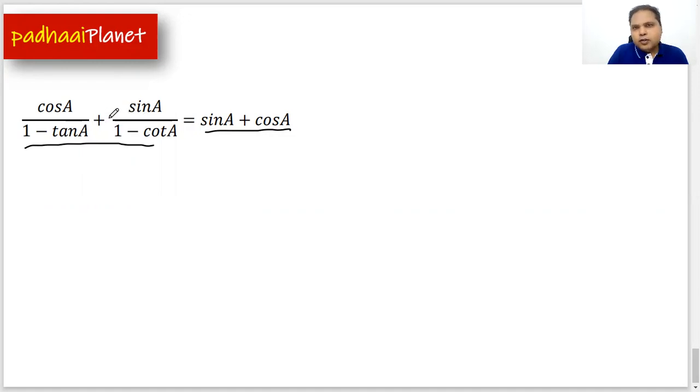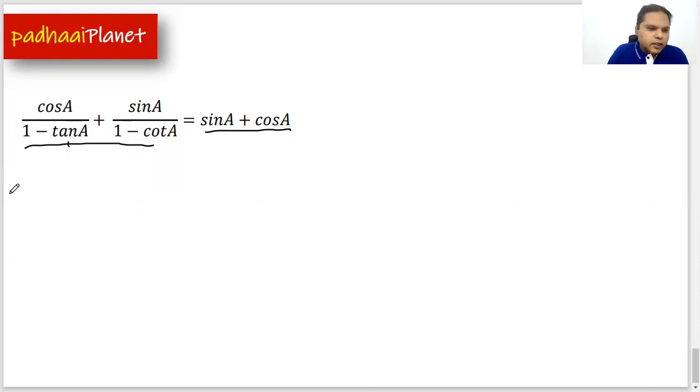The next important thing is that whenever we have any of these ratios like tan, cot, sec, or cosec, we always first convert them into sine and cos, so that it becomes an easy thing for us, as we are more comfortable with sine and cos, because 99% of the time we end up solving questions which have sine and cos.